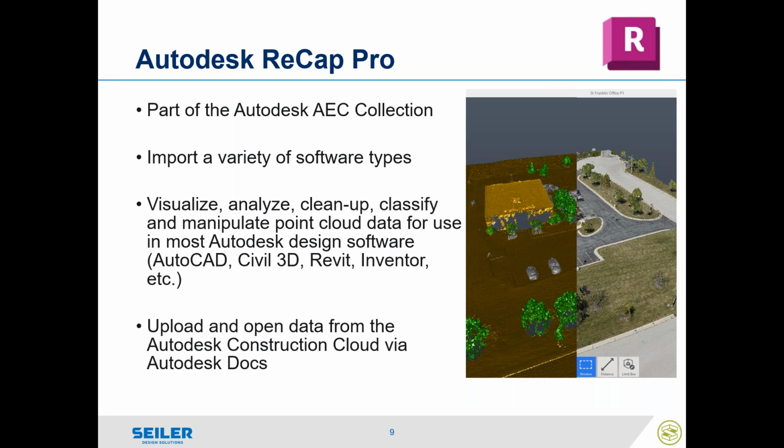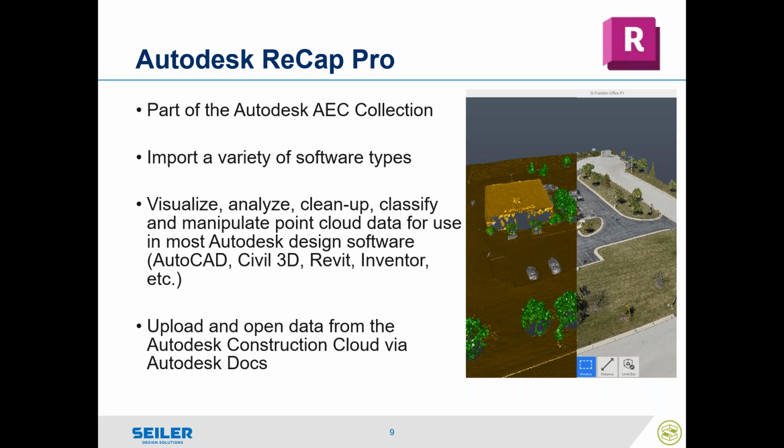You can import a variety of file types. Not only can you import common LAS and LAZ data, but PTS, PTX, some Faro scan formats. There are a variety of different types of XYZ formats you can import into Autodesk. Autodesk creates an RCP file and an RCS scan.